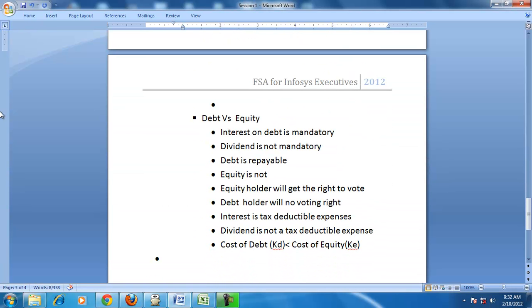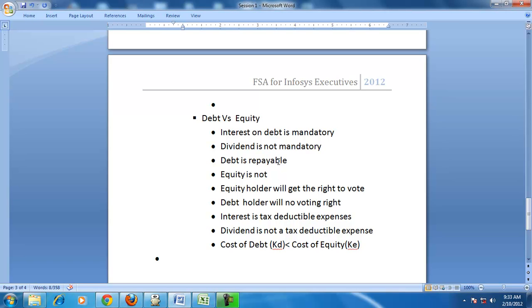So instead of going through individual items, let me pick a few specific distinctions between debt and equity. Interest on debt is mandatory. Dividend is not mandatory. Debt is repayable. Equity is not.